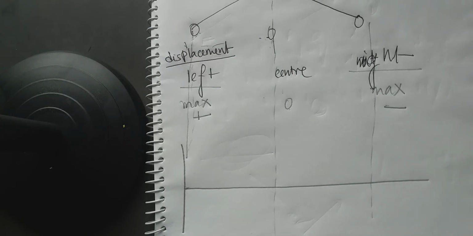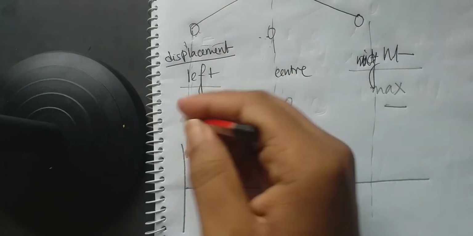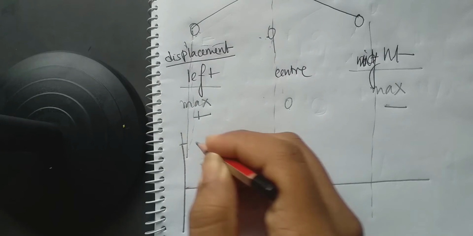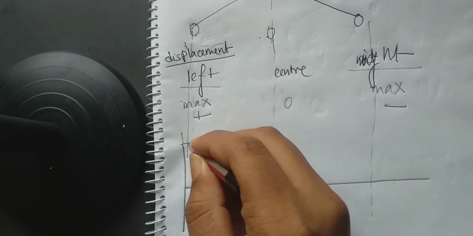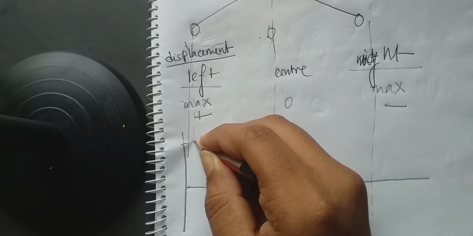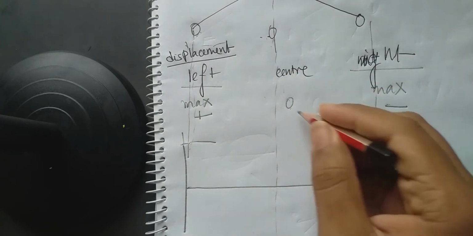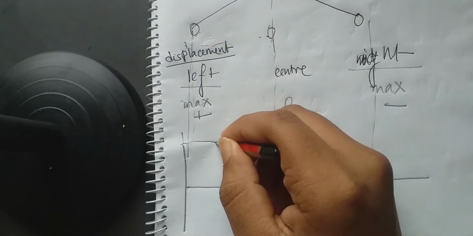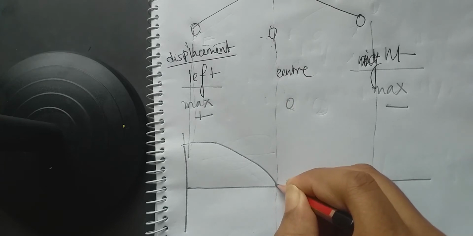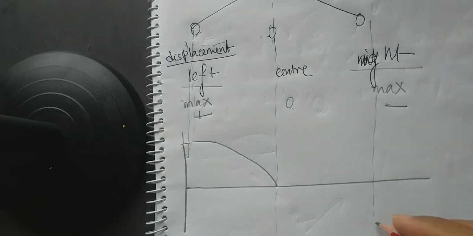So what we see is that at left we have a maximum displacement. So from the positive y-axis, we start, and as it approaches towards the center, what we see is the displacement is 0, so it must travel here. And again, as it approaches towards the right, we get another maximum.